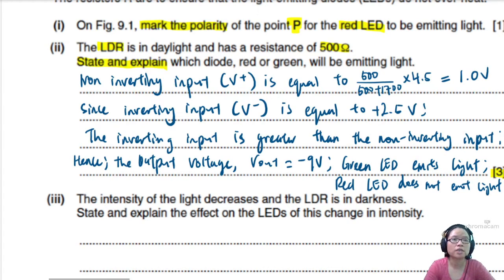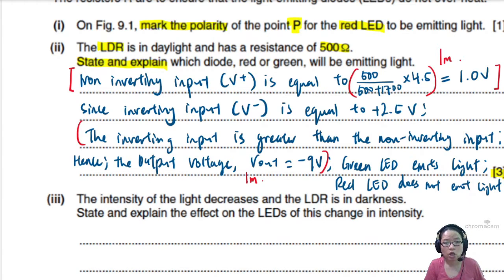Okay, so where are the 3 marks? 1 mark is when you talk about how the non-inverting input is 1 volt and you need to show the calculation. 2nd mark is when you say that the inverting input is greater than the non-inverting input, hence the output is negative 9 volt. So a logical comparison and conclusion.